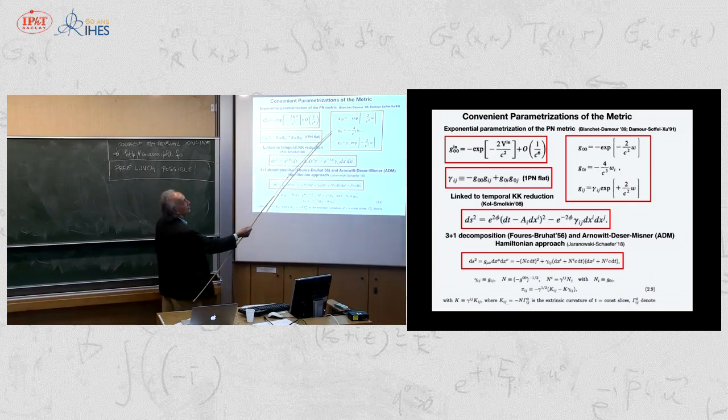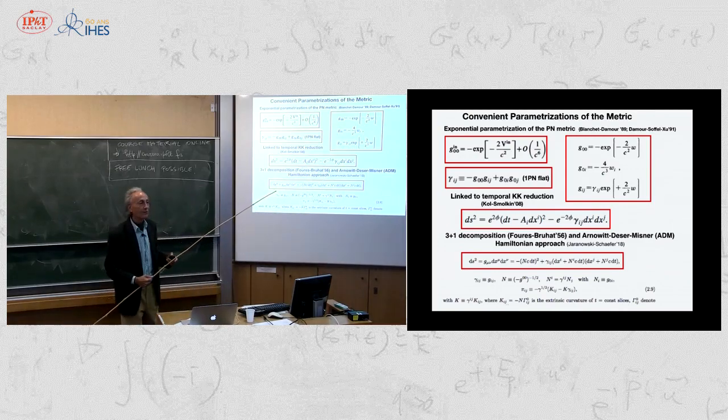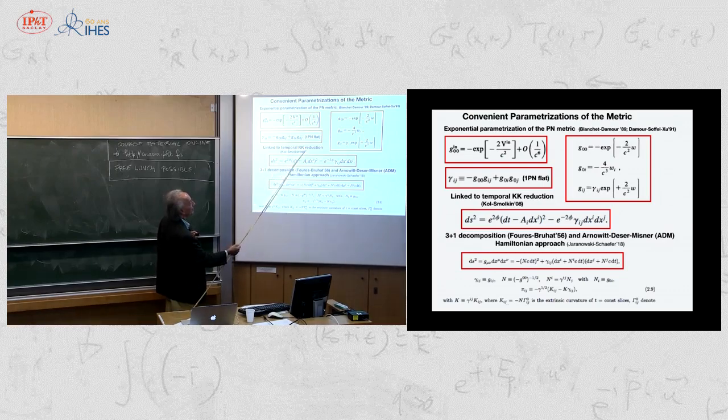At the end, if you parameterize the metric with some exponential, you find that it simplifies Einstein's equations. And by the way, this thing that we had discovered long ago has been rediscovered in a different guise as a temporal Kaluza-Klein reduction by Cole and Smolkin 10 years later, or maybe I made a mistake, no, 20 years later.